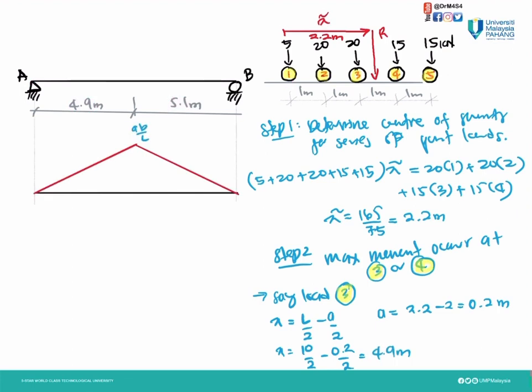Then we need to draw the influence line for this case. So we can use the formula AB divided by L. So we get the highest point is 2.499.